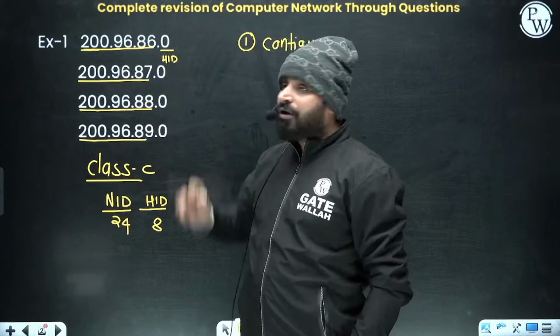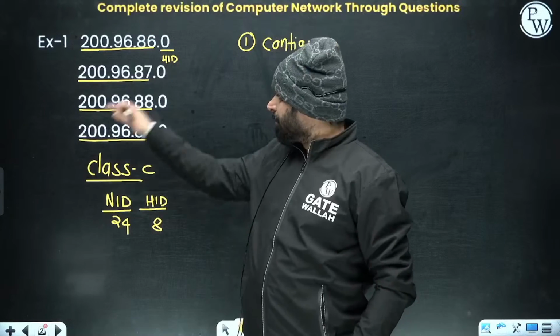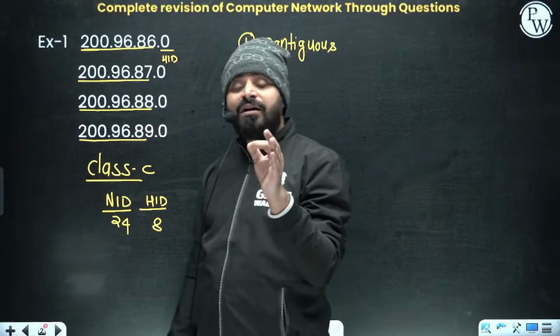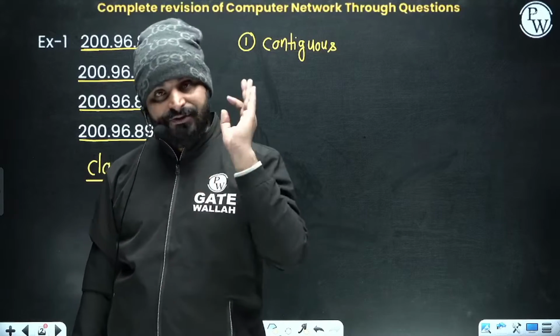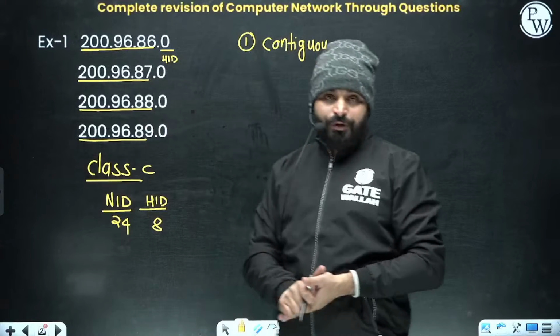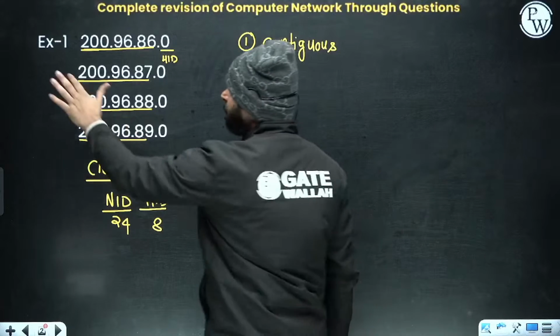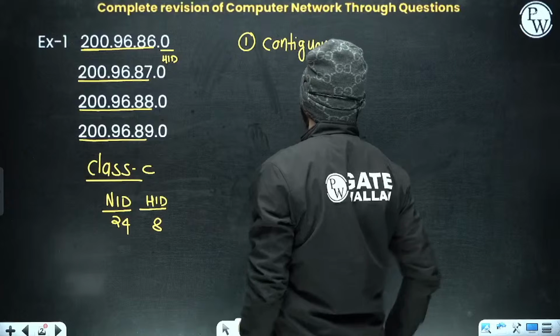So the last number of this network will be 86.255, and the next will be 87.0. But we have no need to check like that, because it is classful addressing, where the network ID is 24 bits. So we focus on the third octet: 86, 87, 88, 89. Yes, contiguous. It is true.